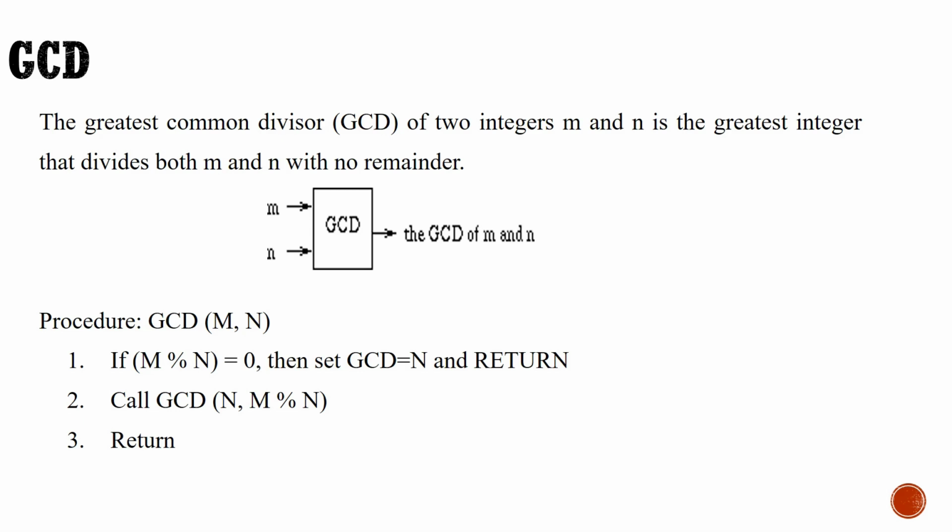So now let us continue our learning on the topic recursion. Here we take the first example of computing the GCD of two numbers. GCD stands for greatest common divisor. Let me have the two numbers, the first one is 6 and the second one is 4.